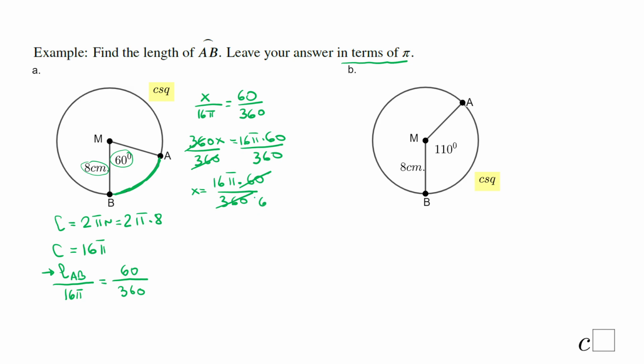This 60 goes in 360 six times, so we're gonna have x equals 16 pi over 6, which can be simplified by 2, and that will be 8 over 3 pi. So the length of arc AB is 8 over 3 pi.